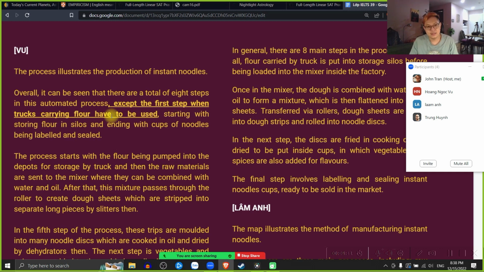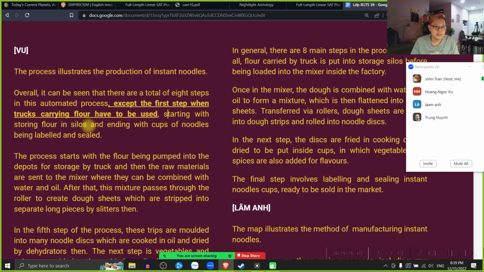Ngoại trừ cái giai đoạn đầu tiên, nơi mà những cái xe tải chứa bột mì phải được sử dụng. Thì tức là nó không automated nữa. It's not automated, right? So except the first step when trucks carrying flour have to be used.